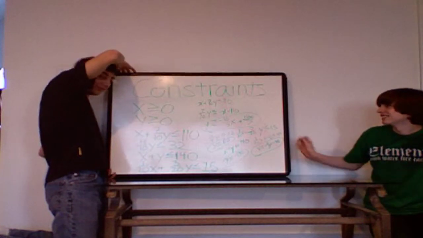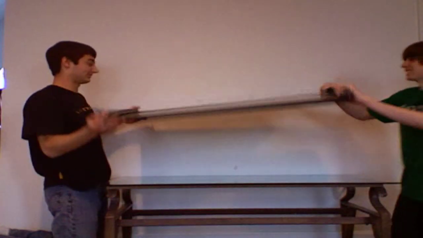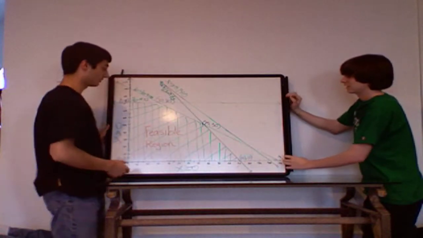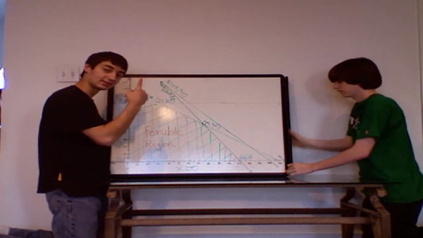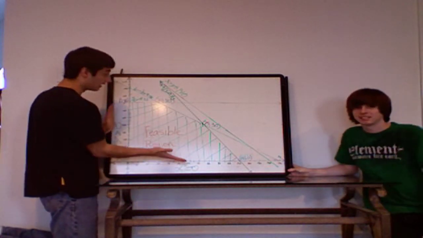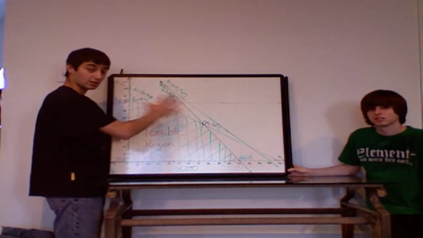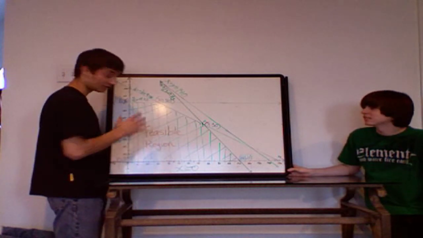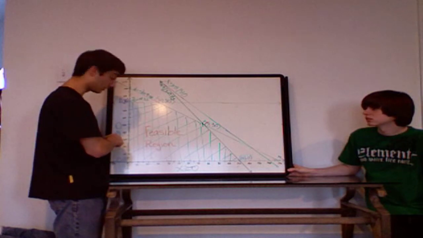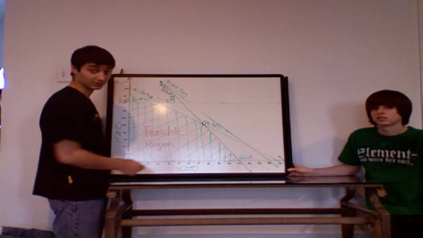Now that you have a graph, it should look something like this. Notice the quadrant 1 is the only quadrant we're using because of the constraints. Y is greater than or equal to 0, and x is greater than or equal to 0.